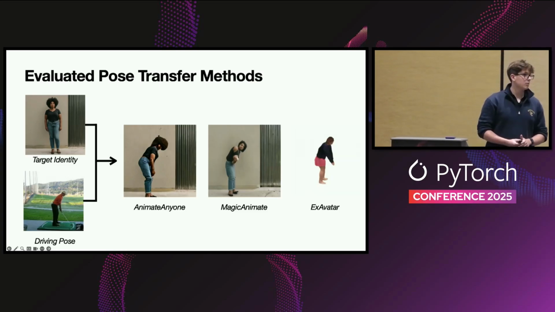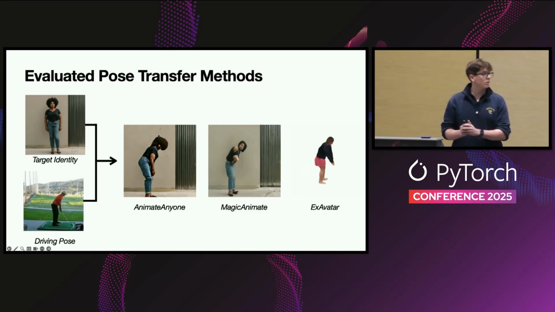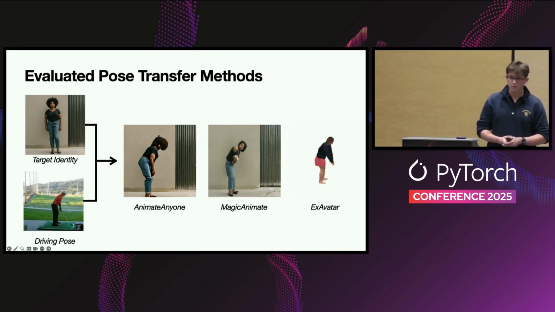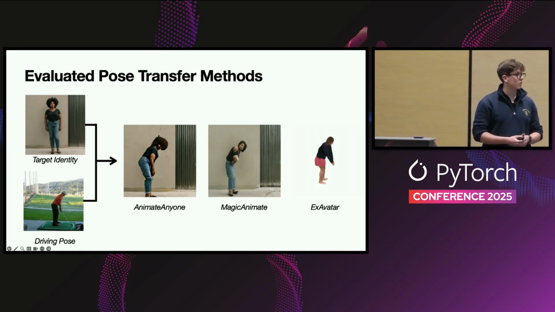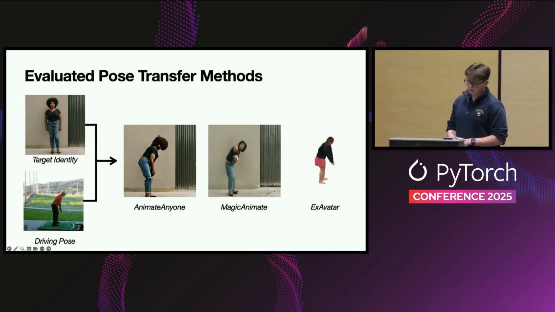So then the task was very simple. We have the driving pose, which is like a person performing golf, for example. And then using a diffusion model, we generated the target identity. And then we used the state-of-the-art methods for pose transfer at the time, which were Animate Anyone, MagicAnimate, and X-Avatar.